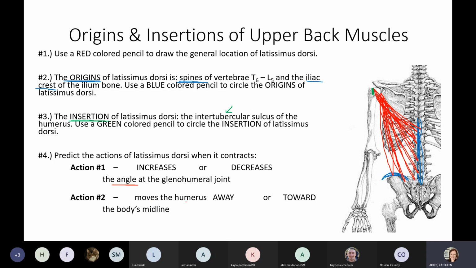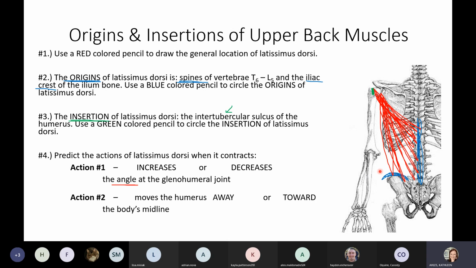So when I pull on my insertion, this is going to pull my whole bone toward the back. This part of my bone is going to swing backwards.